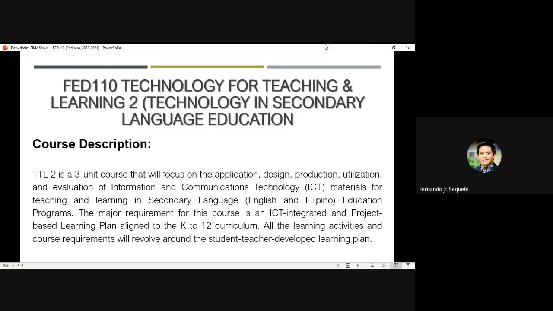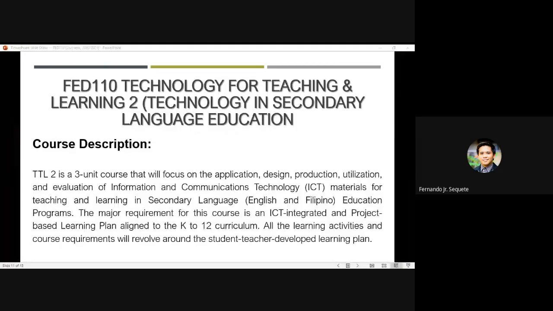Okay, as you can see, the title is in English and then the description is in English. Therefore, the language of instruction we'll be using for this subject is English. Although I have difficulty speaking in English, I can't speak English well. It's very difficult for me to speak English. Okay, I hope please bear with me. I have limited knowledge in English.